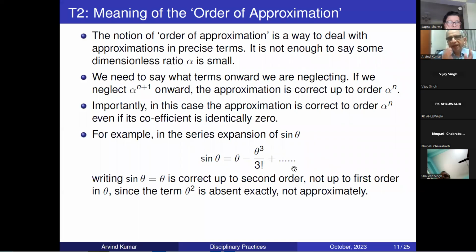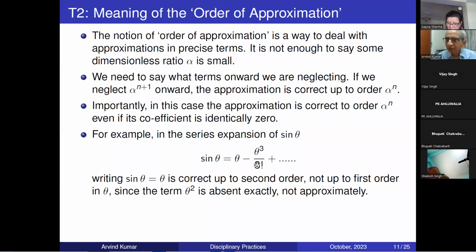Supposing this expression comes in addition to a sum of other terms, which have been expressed up to order theta square, and they are correct and have a non-vanishing theta square term. Will it be correct to add this term and still claim my result is correct up to order theta square?